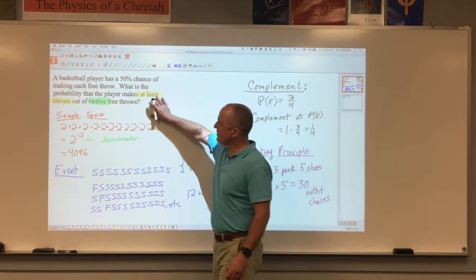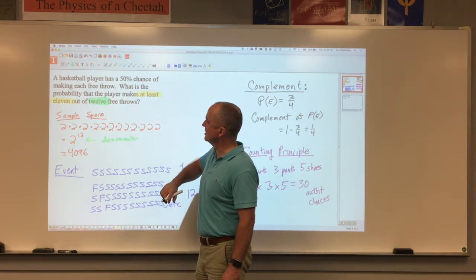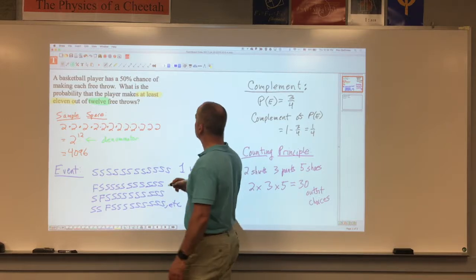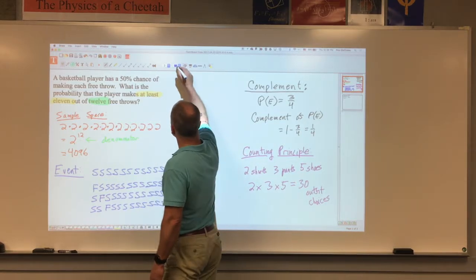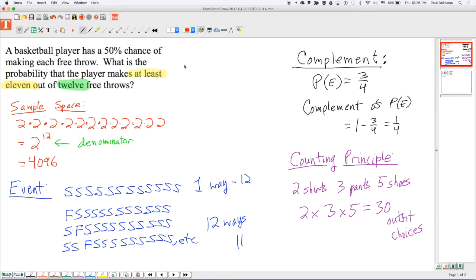Okay, at least 11. What is the probability the player makes at least 11 out of 12 free throws? Another way of asking this is, what is the probability of making 11 or 12?